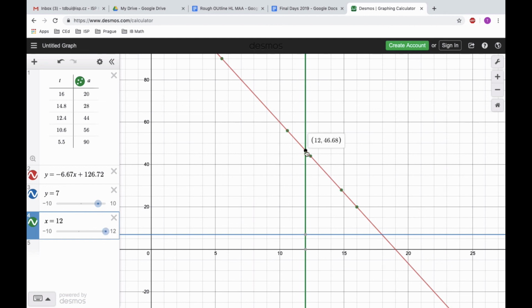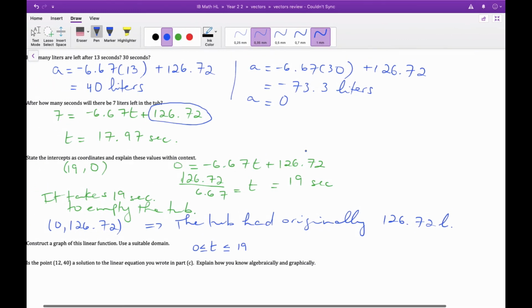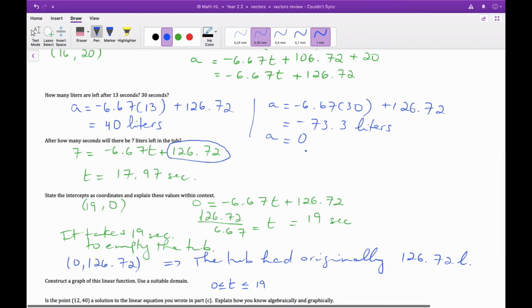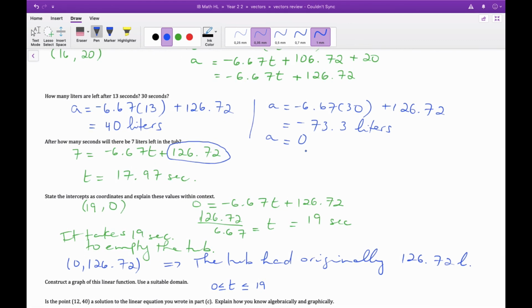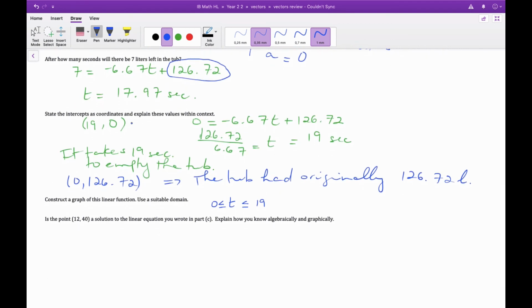If I want to do it algebraically, I think we actually found the answer to that question. We said that after 13 seconds there are 40 liters. So that's how we show algebraically that (12, 40) is not a solution, because if it's 40 liters, it should correspond to 13 seconds.